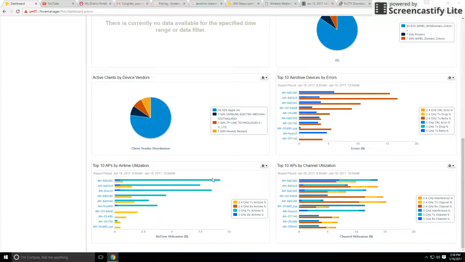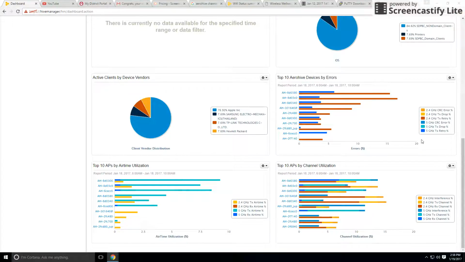You'll notice that the great majority of the clients were connecting on the 5 gigahertz band, because they are dual band clients, although we still are seeing some airtime utilization on the 2.4 bands.